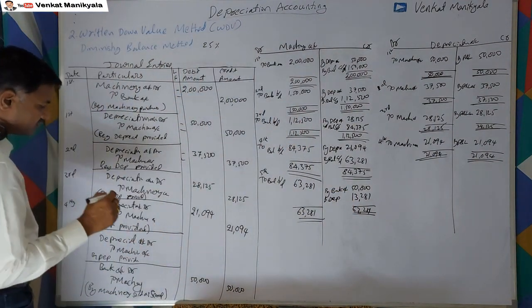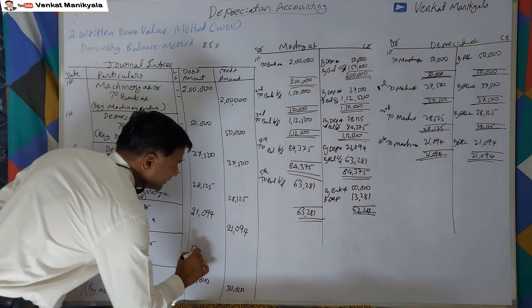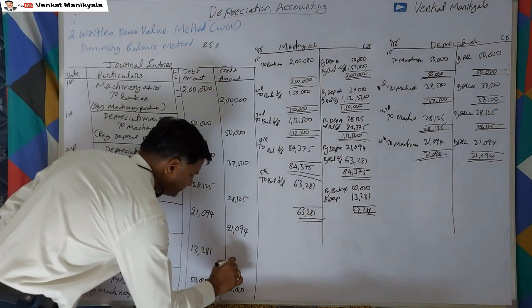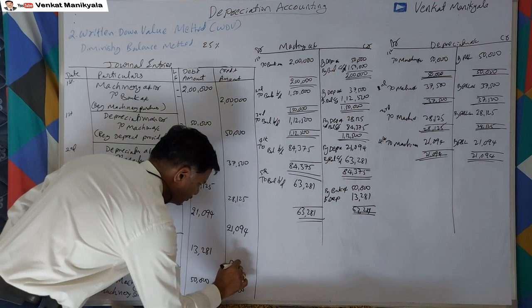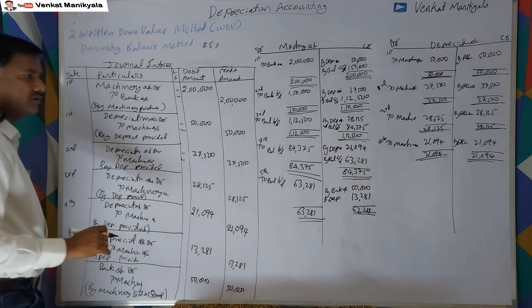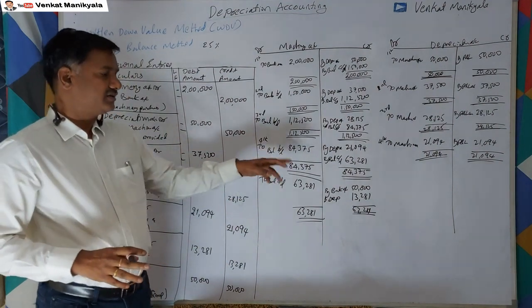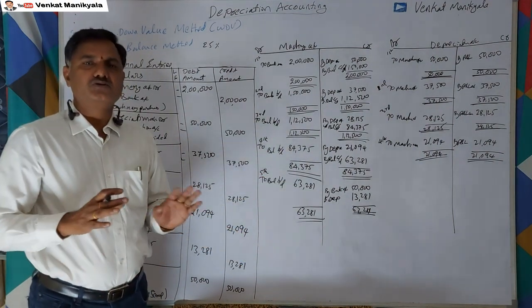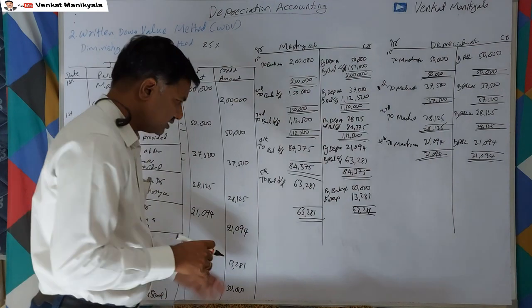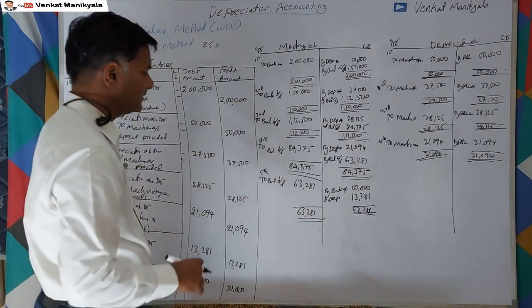Here we write depreciation account to machinery account 13,281. Technically, you can also calculate 25% and transfer the difference value to P&L account, but this is the correct procedure.